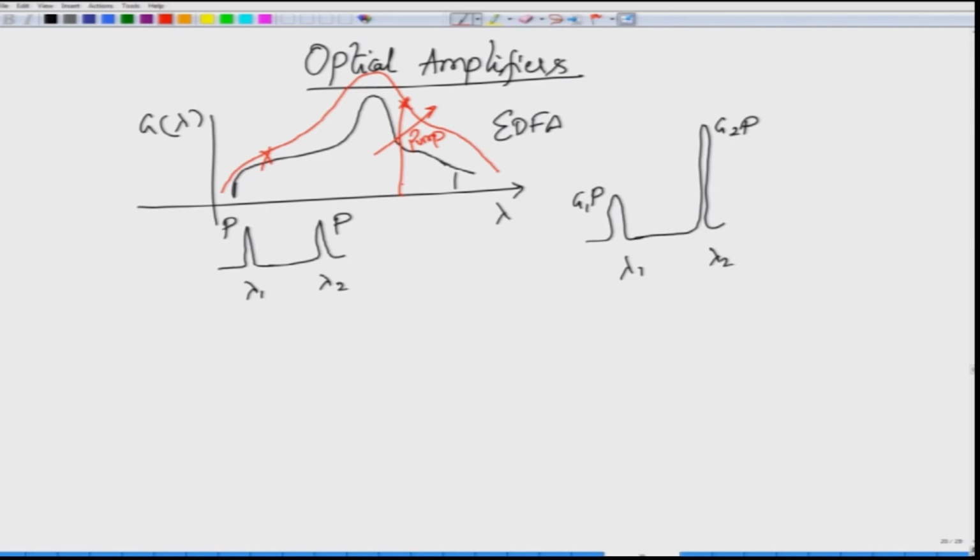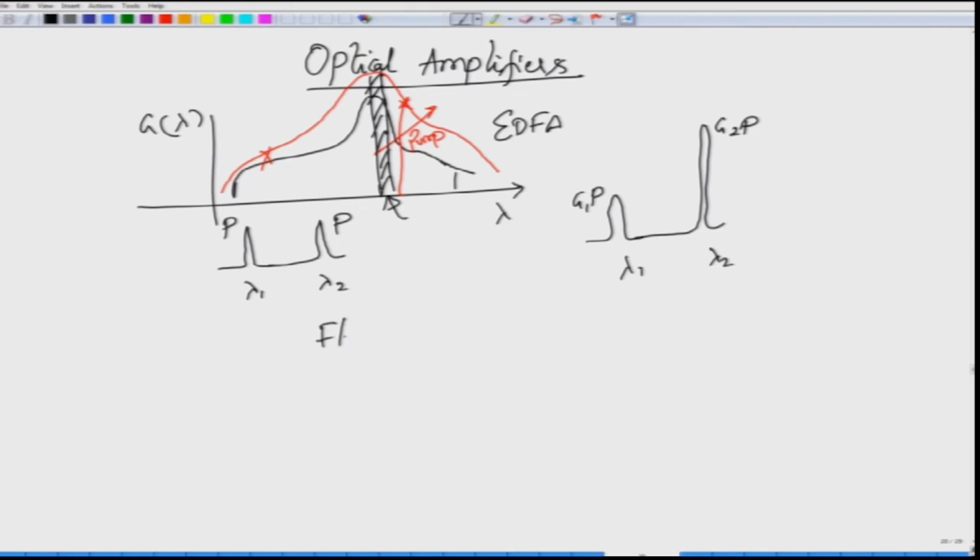If you were to use this amplifier to make a laser and you do not control the frequency of the laser, then much of the lasing happens in this particular wavelength. If you construct a mode locked laser using an erbium doped fiber, it would mostly lie in this particular window, which is around 1550 to 1560. So this gain not being flat is an important problem, and there are solutions for that.